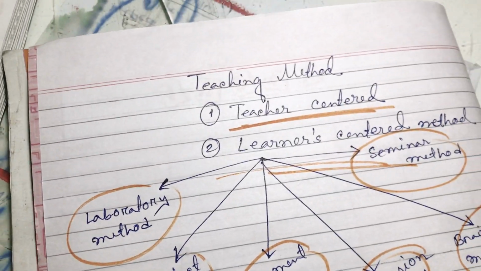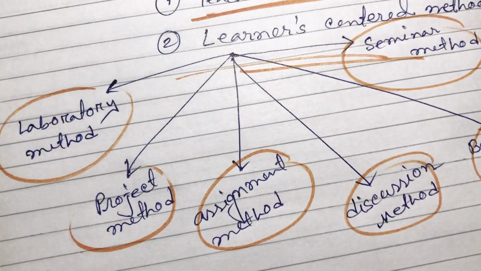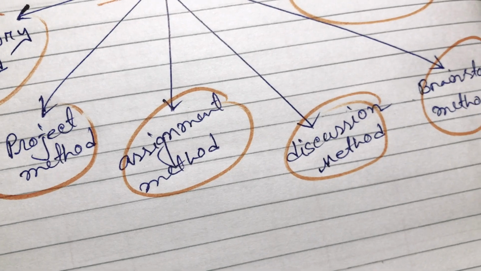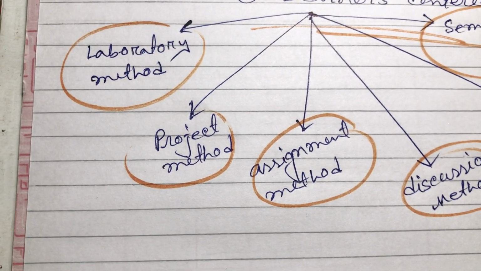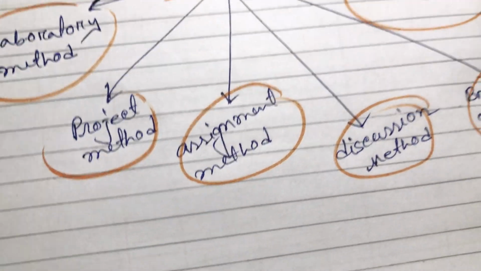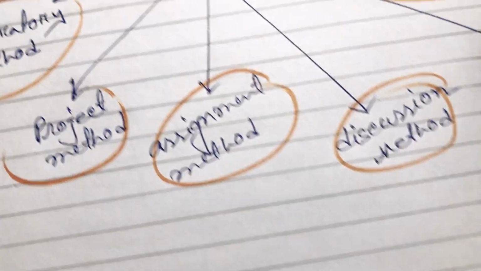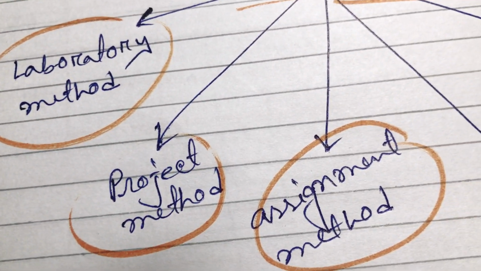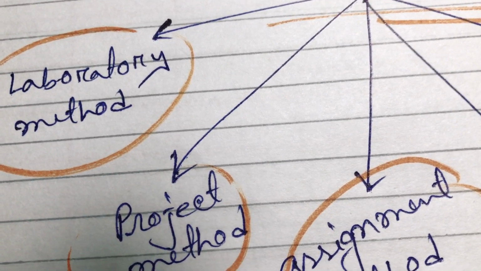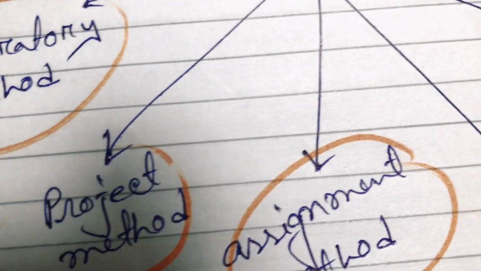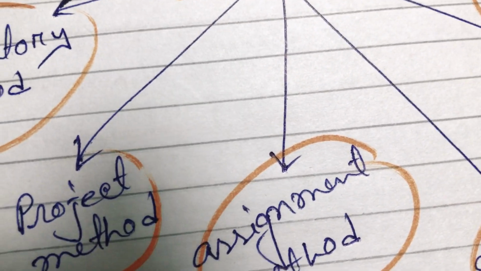So what is laboratory method? Laboratory method is a scientific method. Why is it scientific? Because students go to the laboratory and they do research, experiments or investigate the subject, and with this they gather knowledge about the subject. Laboratory method is a planned learning activity.